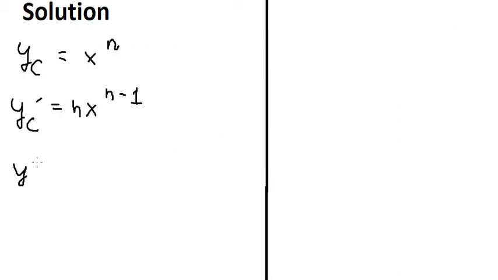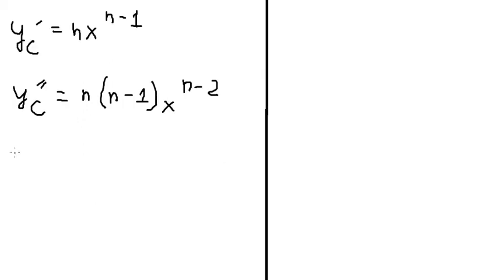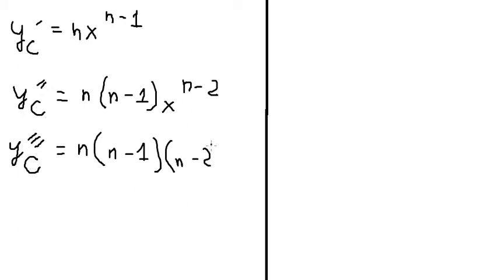If we do the second derivative, you get n multiplied by n minus 1, and this reduces another power, so you get s to the power of n minus 2. And the third derivative of the function, you get n minus 2 s to the power of n minus 3.